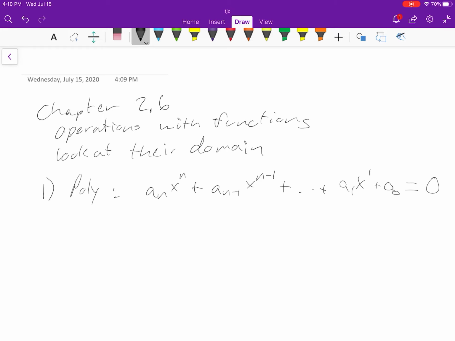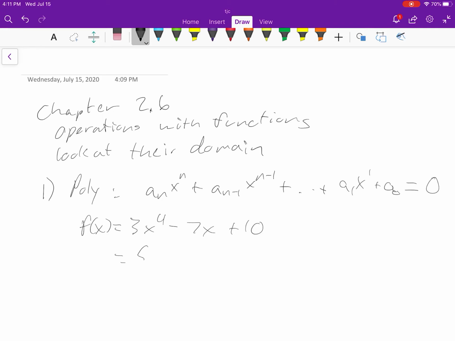Okay, so any polynomial equation. Examples of polys are like 3x to the fourth minus 7x plus 10. This would be a polynomial, and it's a function if we have a function that defines it.